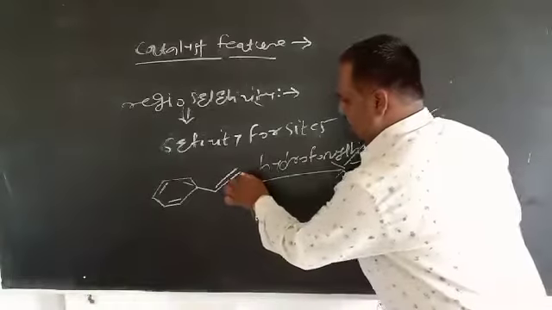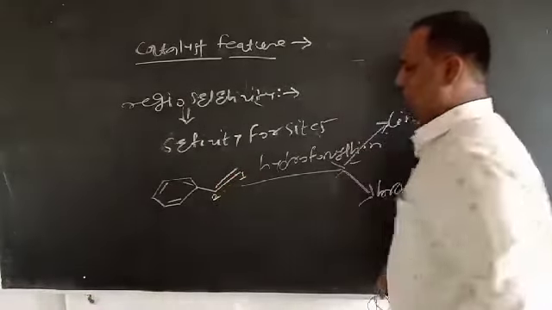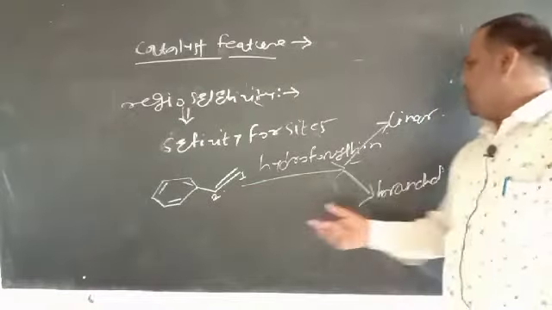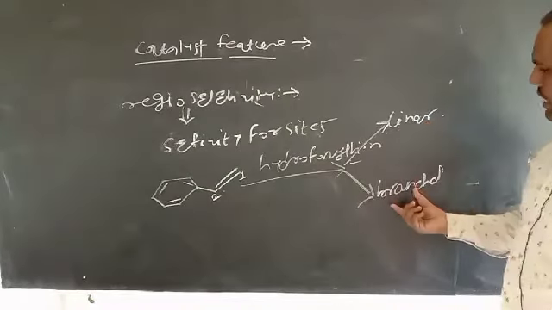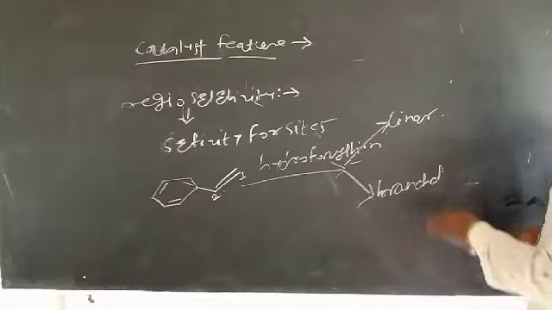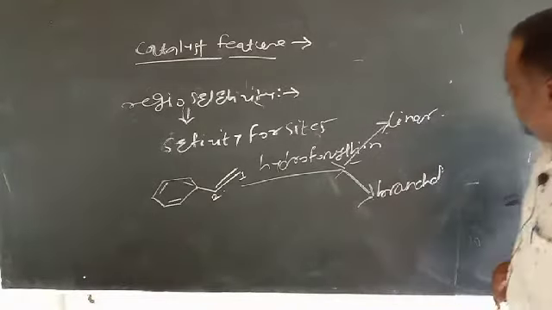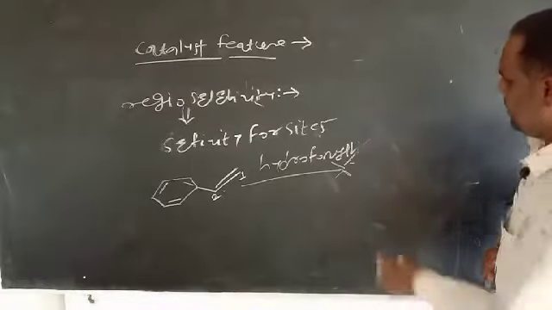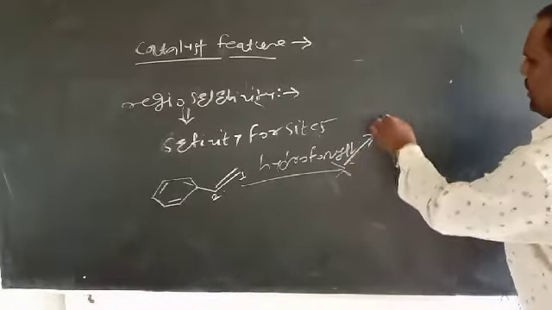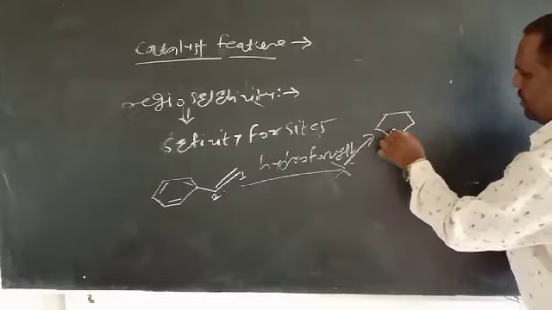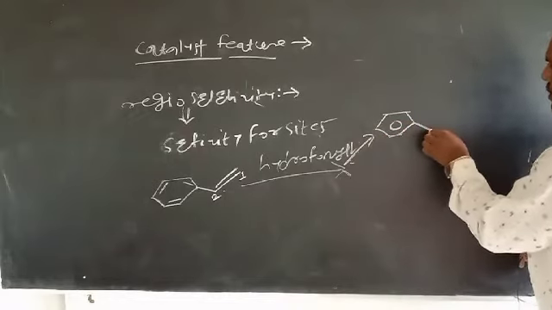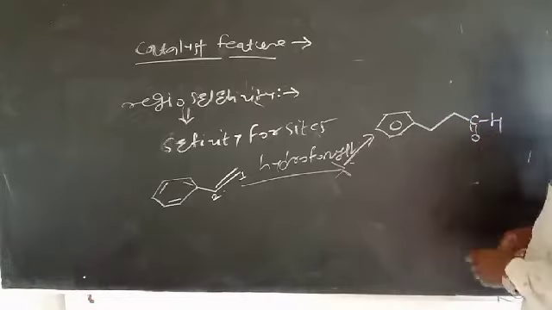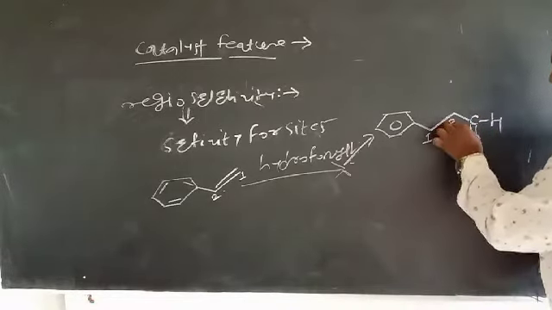Let us consider this is carbon number 1, this is carbon number 2. It undergoes hydroformylation reaction to give a linear aldehyde and a branched aldehyde. In the linear aldehyde, the double bond is reduced and we get here C double bond O H. The carbon number is increased, that is 1, 2 and 3.